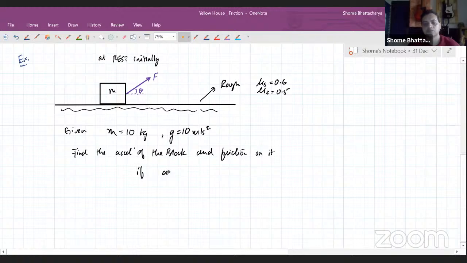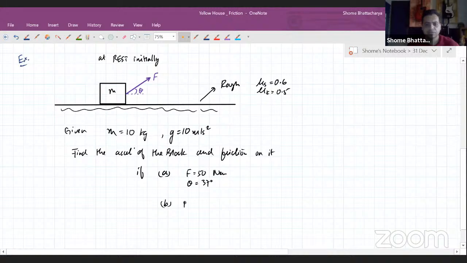Now we'll take two parts. The first part, the force we are applying is 50 newtons, but at an angle of 37 degrees to the horizontal.